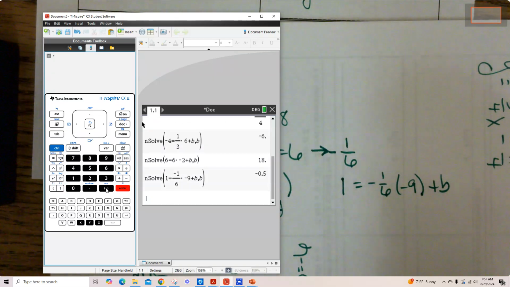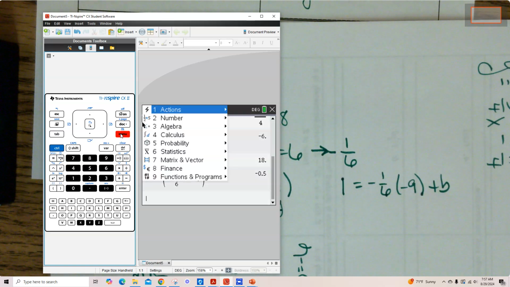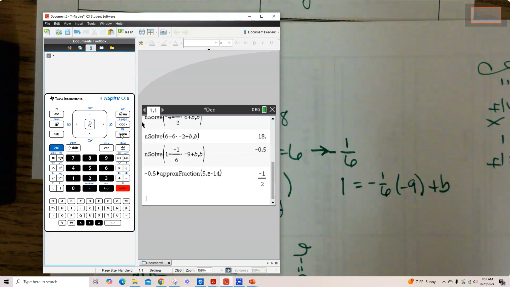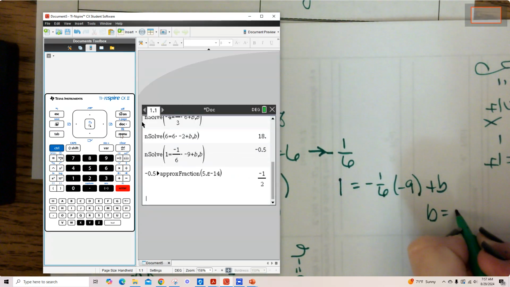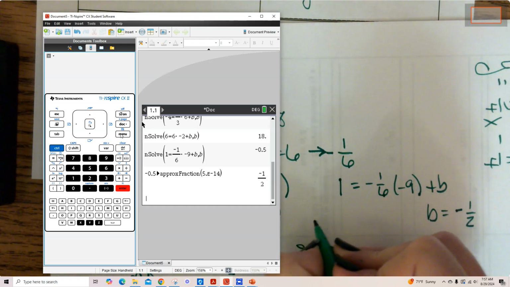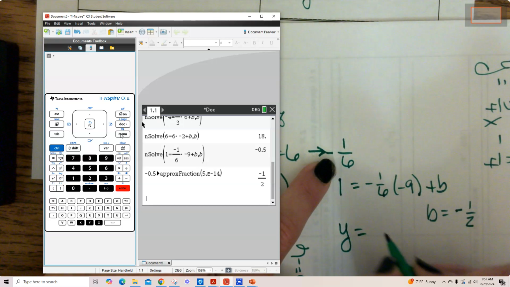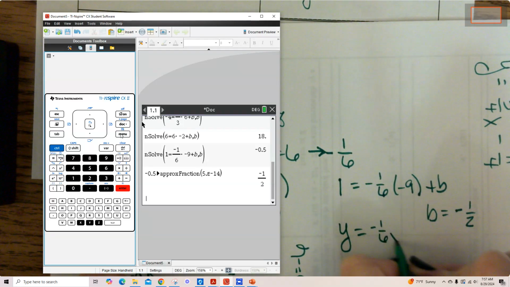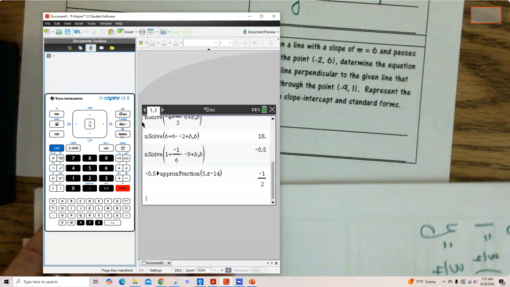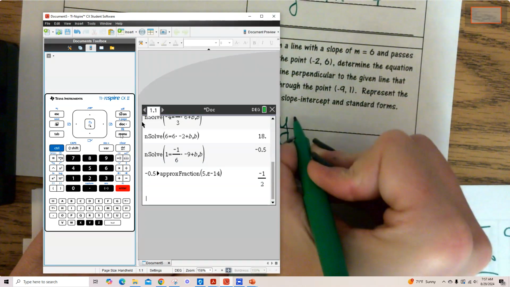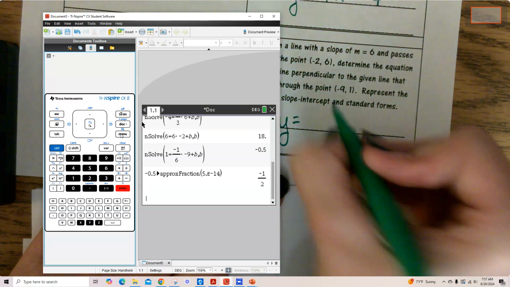And so this one, again, we don't want decimals. We want fractions. So in slope-intercept form, here's my slope, here's my y-intercept. Okay, so that's the perpendicular line.